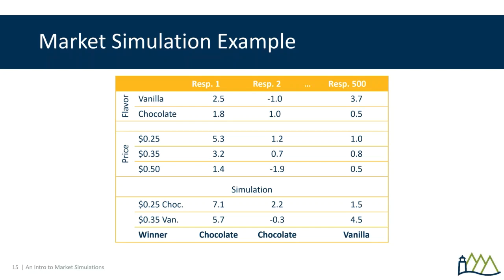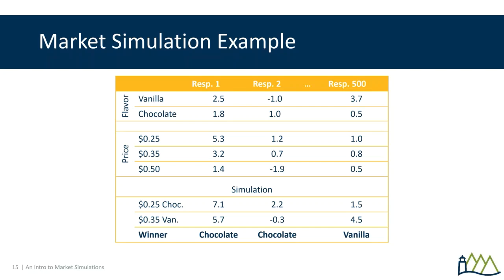Now you can see that for respondent 1, the highest utility is for the chocolate cone, and the same is true for respondent number 2. They both have a higher utility for chocolate. And so in first choice, we would assume winner takes all. They're going to get 100% of the share and vanilla is going to get 0% of the share.